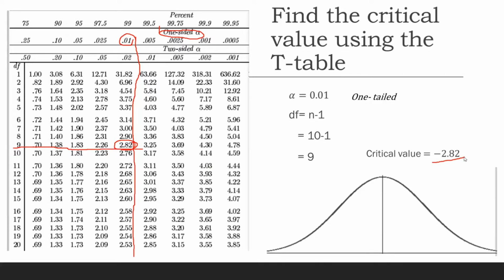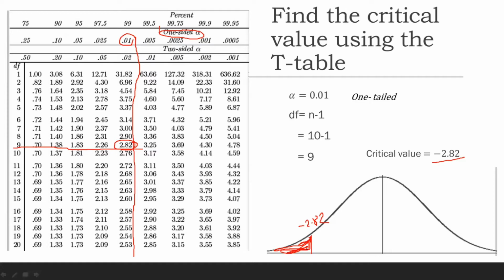So, nandito siya sa ating normal curve. And let's say this is the negative 2.82. And then, this is the rejection region.